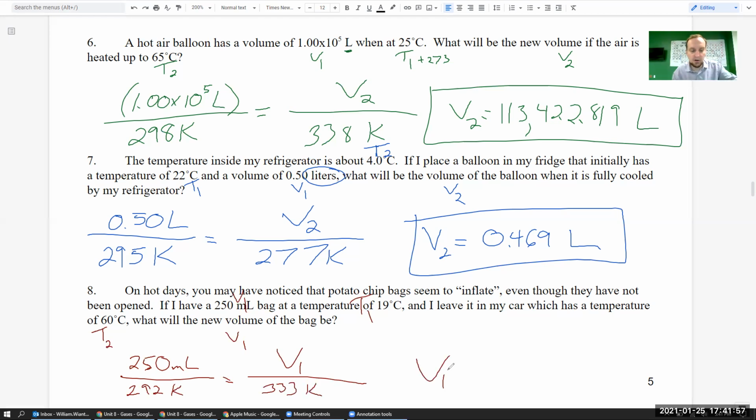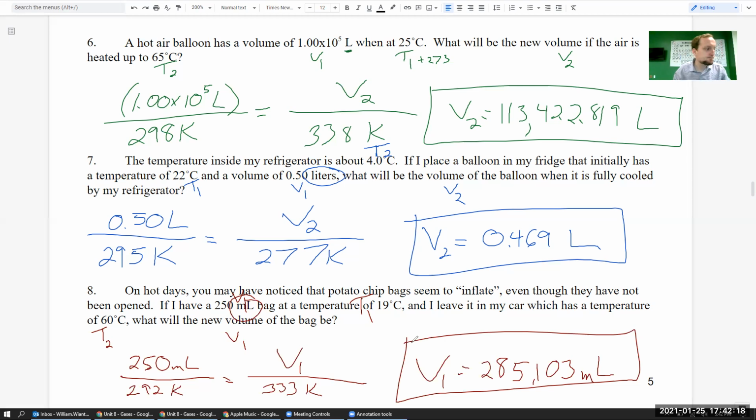When I cross multiply, my V2 is going to be 250 times 333 divided by 292 equals 285.103. Again, volume. Our other volume is in milliliters, so this will also be in milliliters.